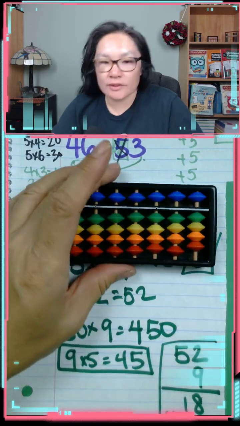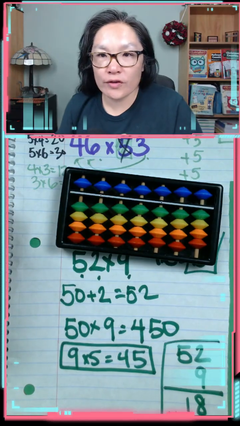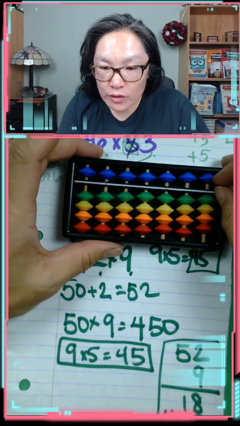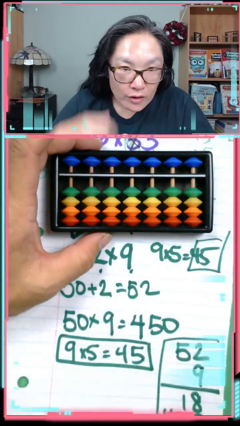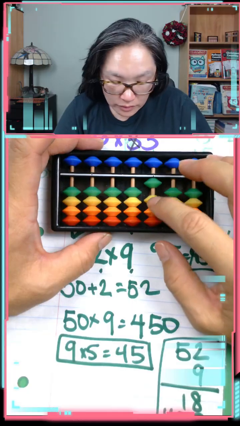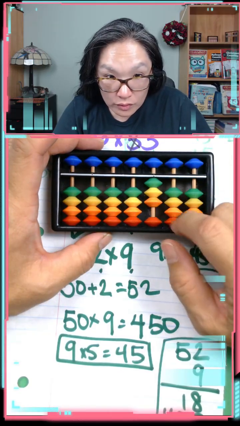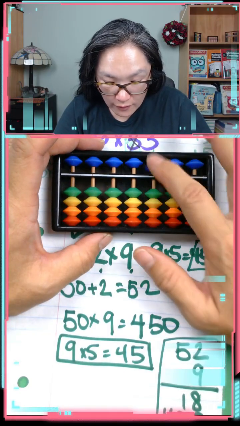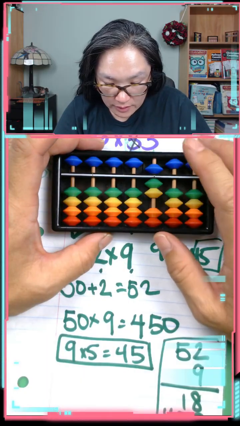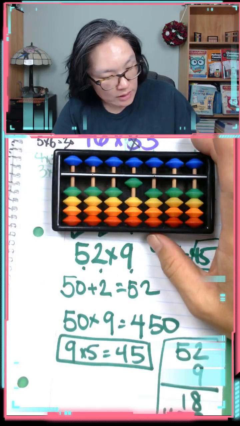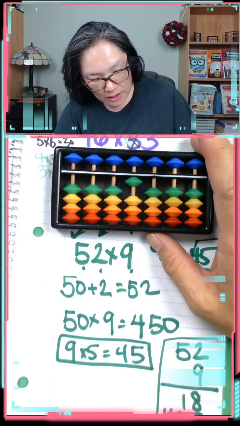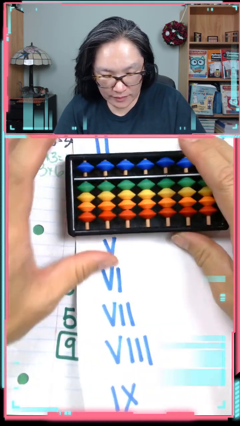All right. So, for those of you that just joined, let's do a little review on how to read the abacus. We have 1, 2, 3, 4, 5, 6, 7, 8, 9, 10, just like Roman numerals.